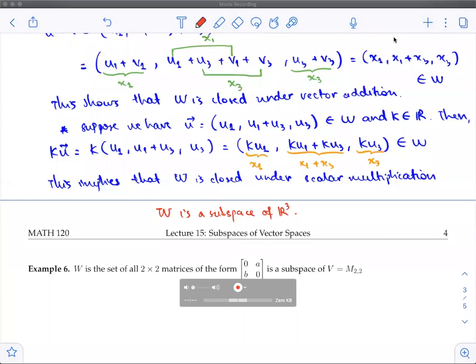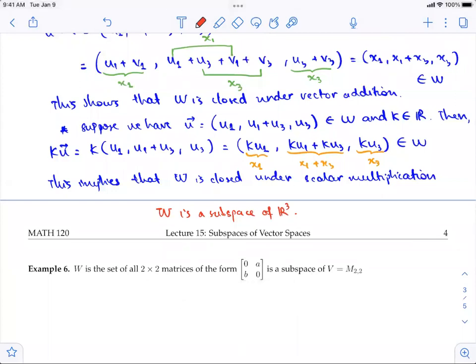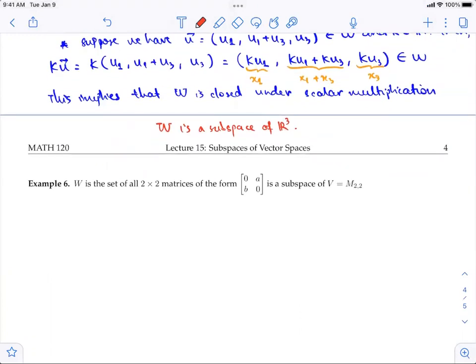In this example, W is the set of all 2x2 matrices of the form [0, A; B, 0], where A and B are real numbers, and we want to show that this set is a subspace of the vector space M2x2.